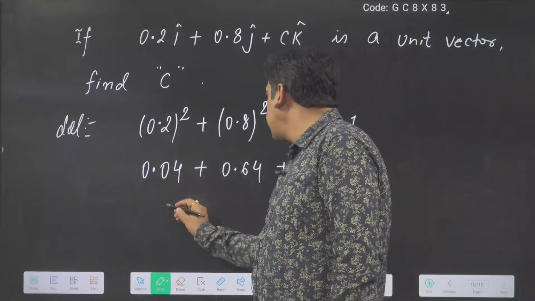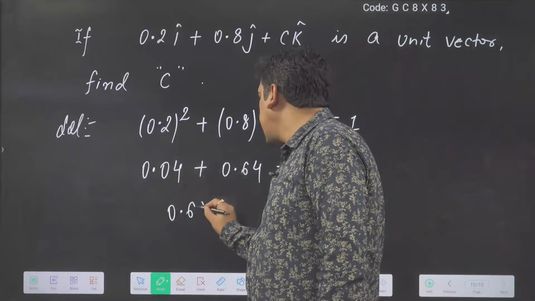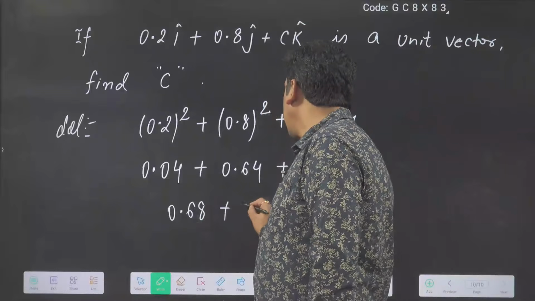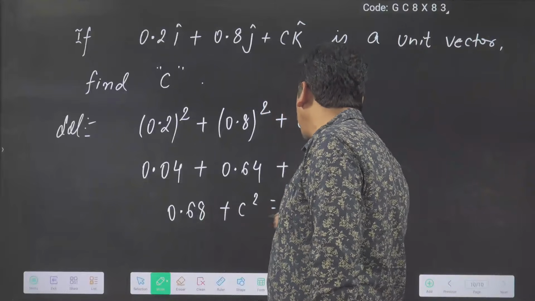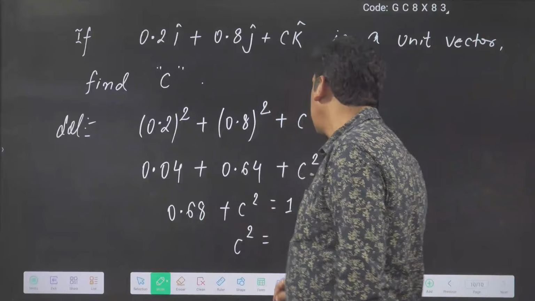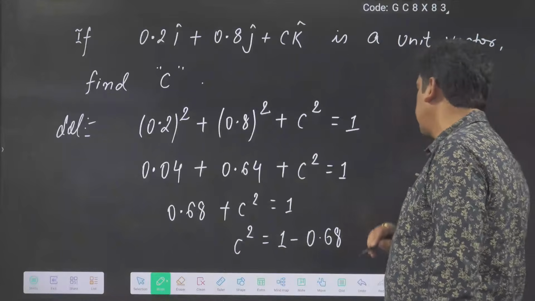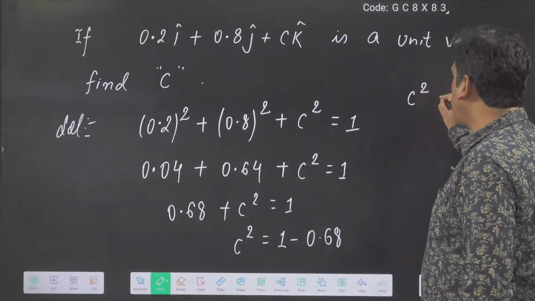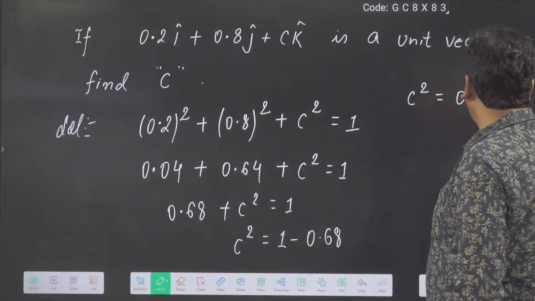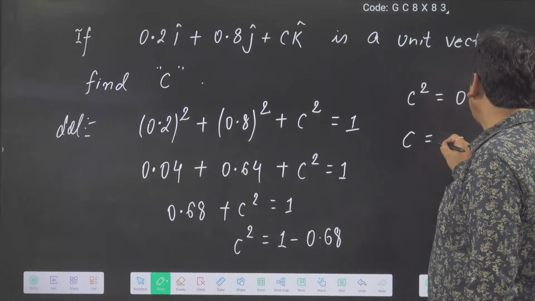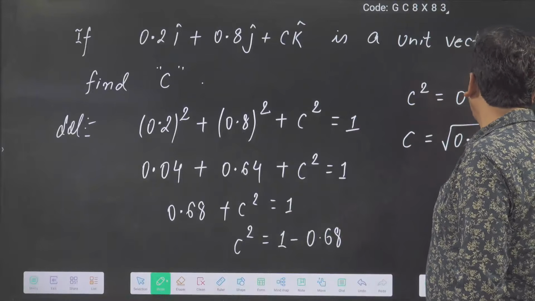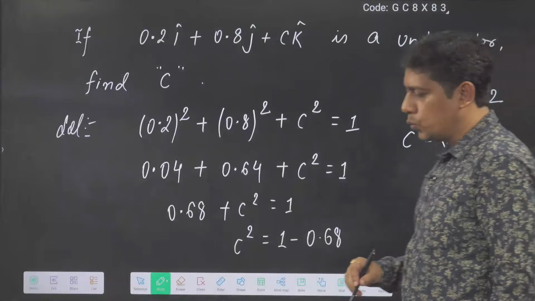If you add this, it will become 0.68 plus c square is 1. So c square we are getting 1 minus 0.68. That means c square is 0.32. So c is under root 0.32.